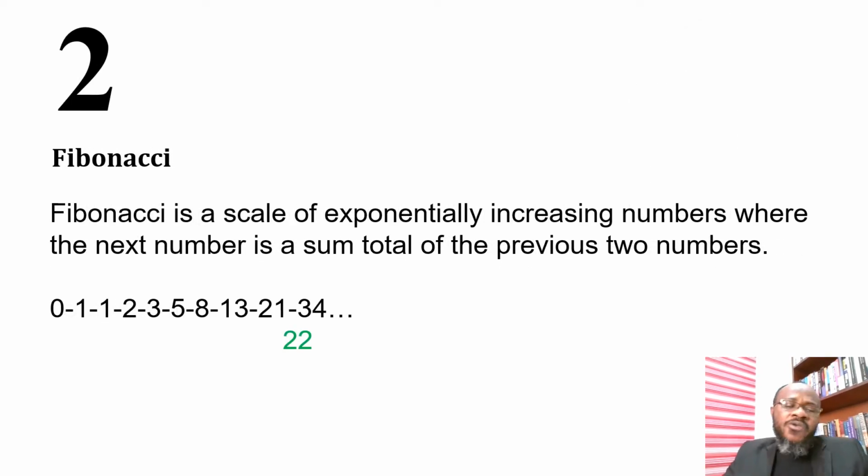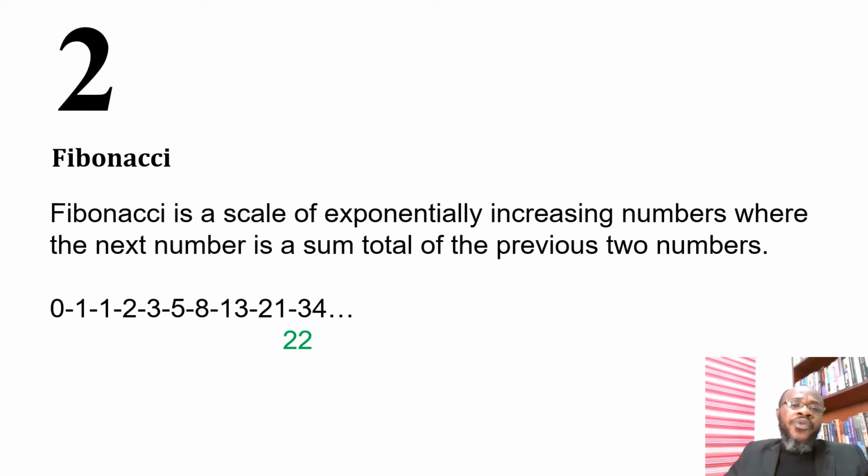The next technique we look at is called Fibonacci. Now, Fibonacci is used in many fields to perform different kinds of predictions and estimations. It is used to predict population growth in a particular location. It is used to predict the growth of viruses. Whenever there is a viral outbreak, Fibonacci may be used to predict the exponential increase of that outbreak.